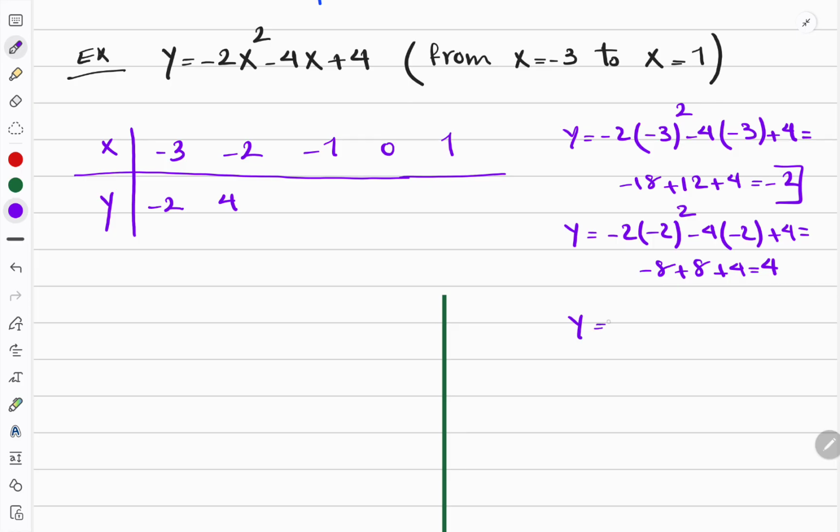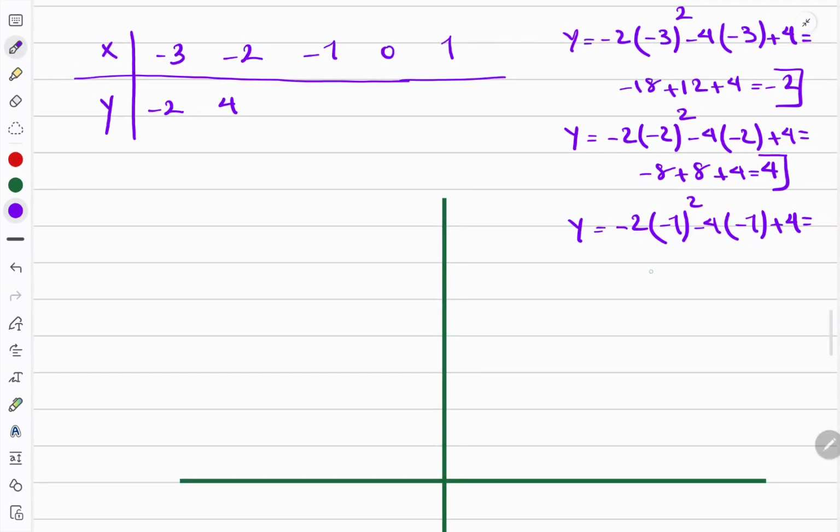And for negative 1, the answer is negative 2 plus 4 plus 4, which is 6.